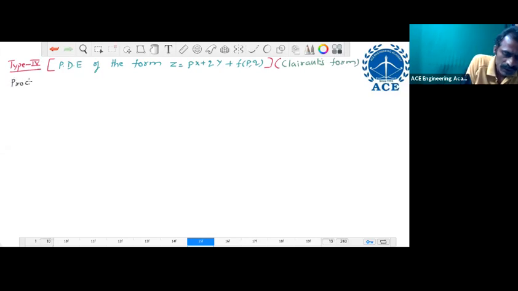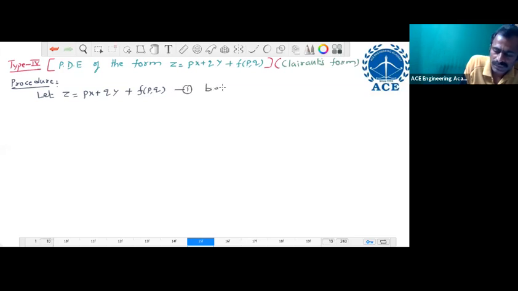For the procedure, let z equal to px plus qy plus f of p comma q.